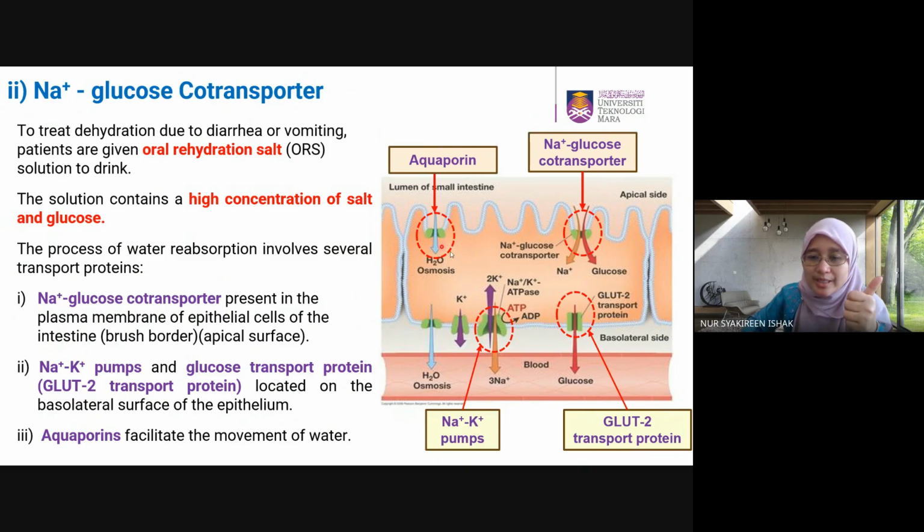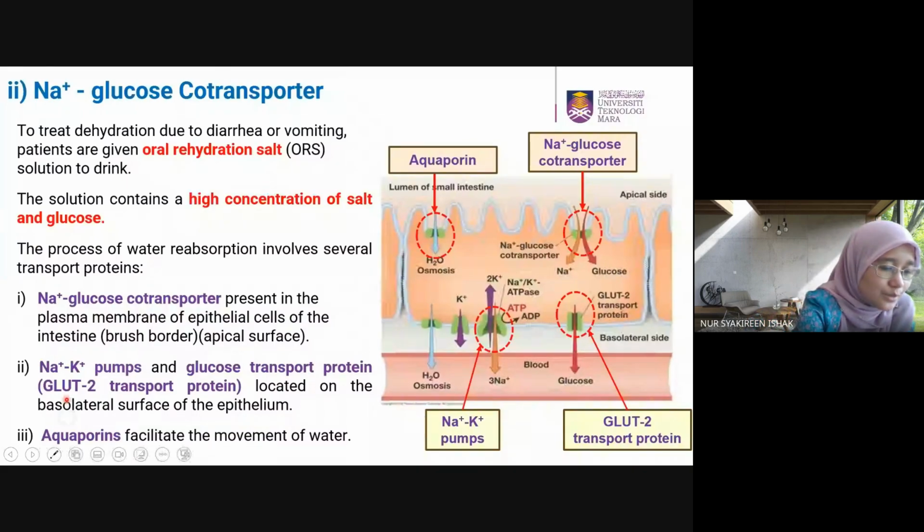The first one here, we have the aquaporins. Awak minum air, masuk dalam lumen intestine. So through the aquaporins, water will be reabsorbed, and then through the process of diffusion of water, through the aquaporins, water enter into your blood vessels.